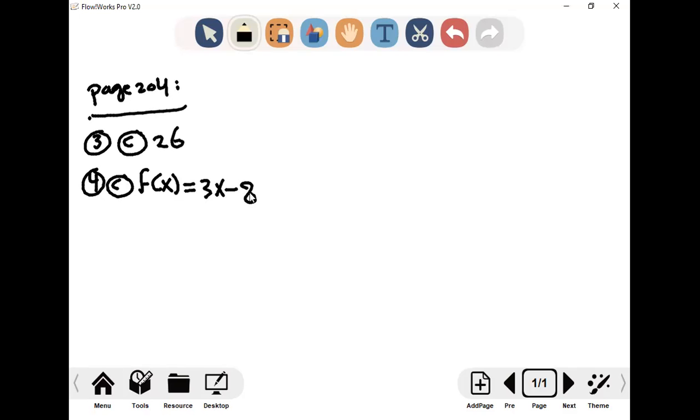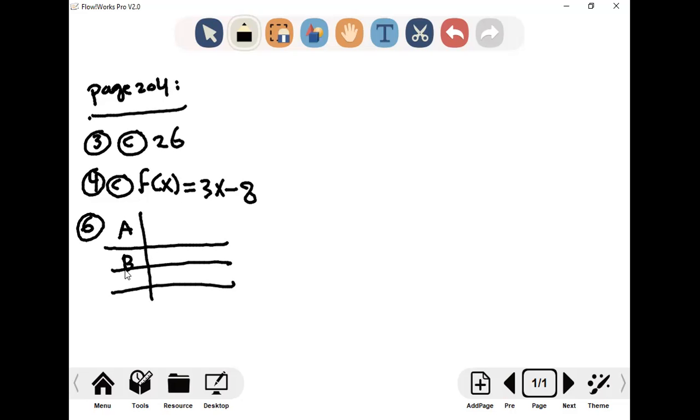Question 6. You have a table, right? A, B, C, and D. Correct, correct, correct, correct.